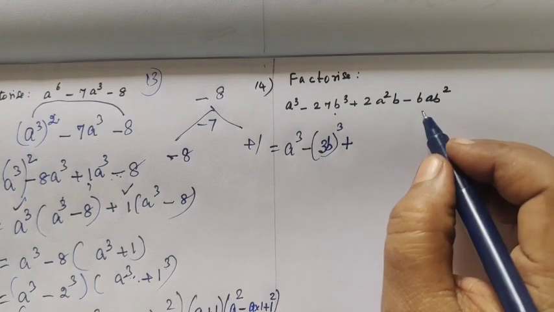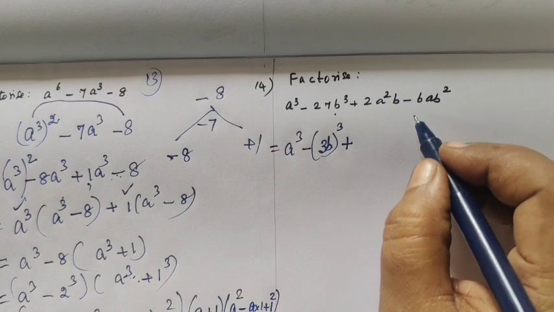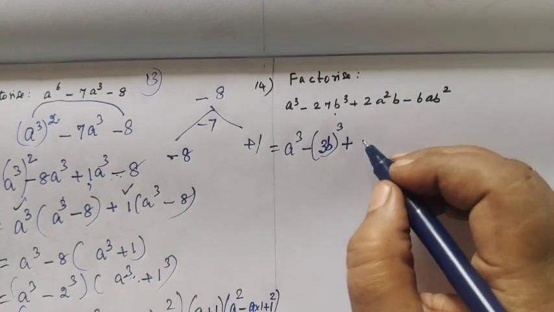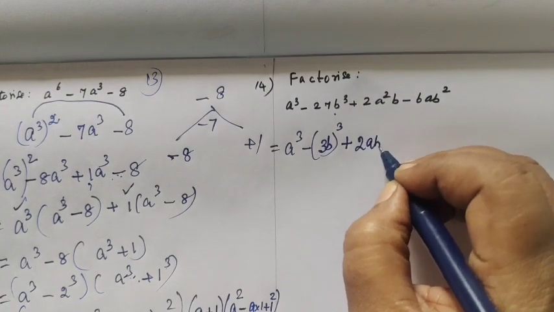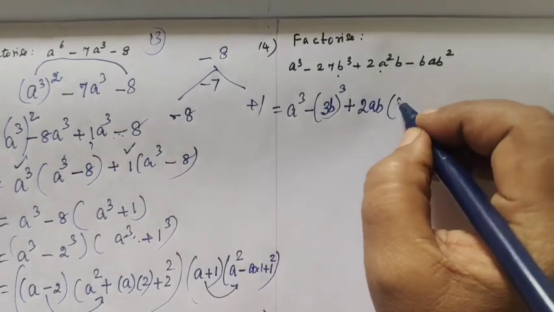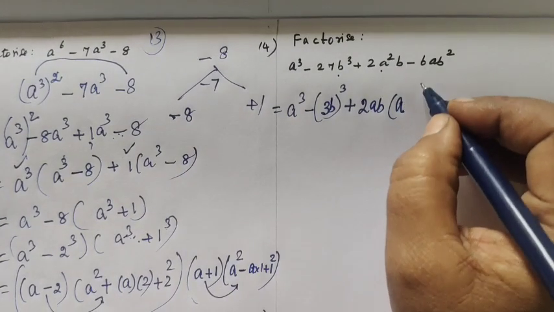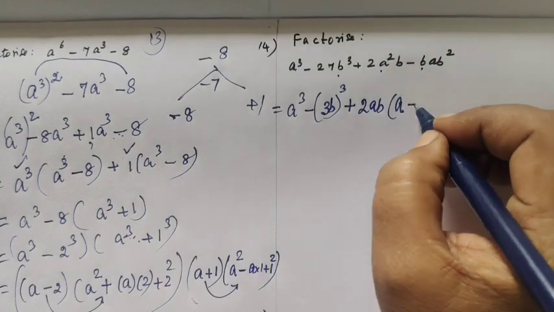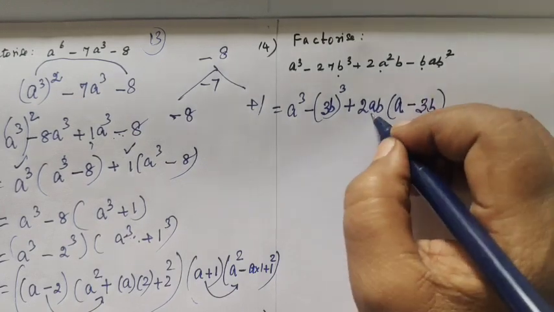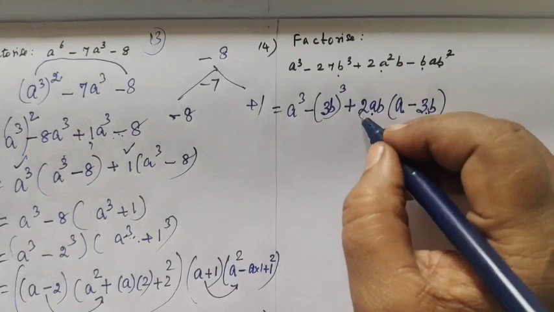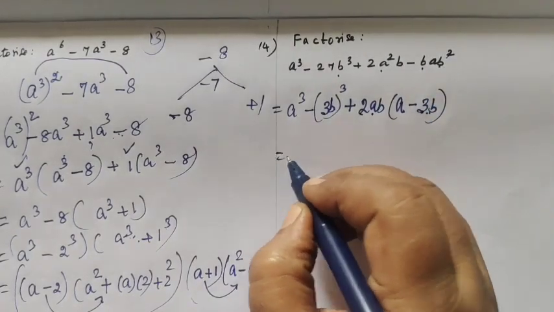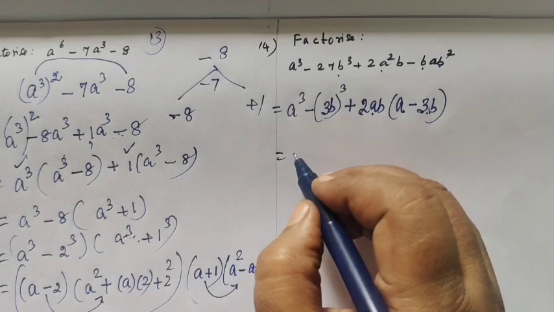Here you can take b squared common, then 2ab you can take outside, 2ab common, so another a inside. Then here 3 times minus 3b, b squared you have taken 1b outside, so 3 also here, 2 into 3, 6. So now you apply the formula a cube minus b cube.